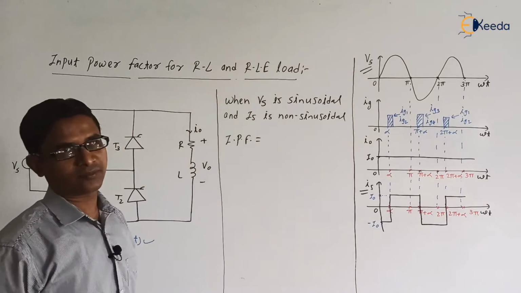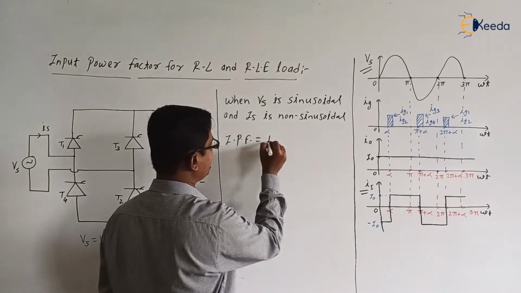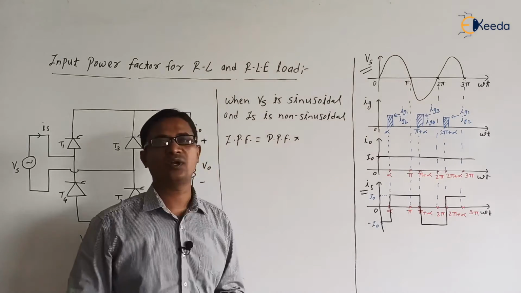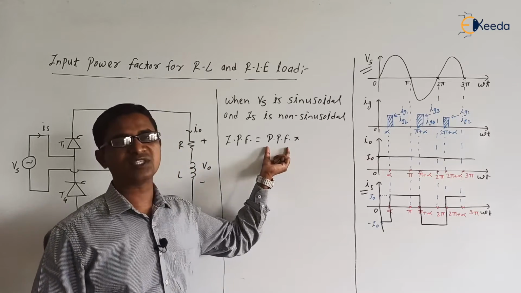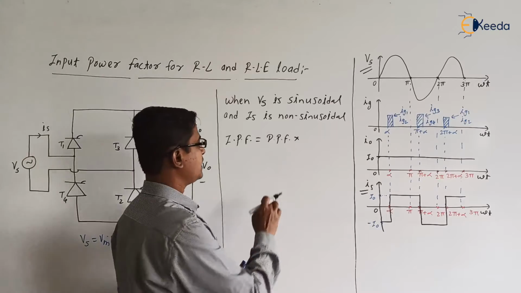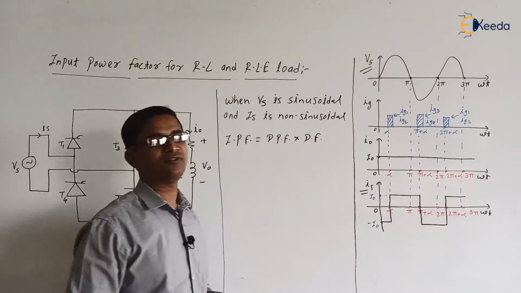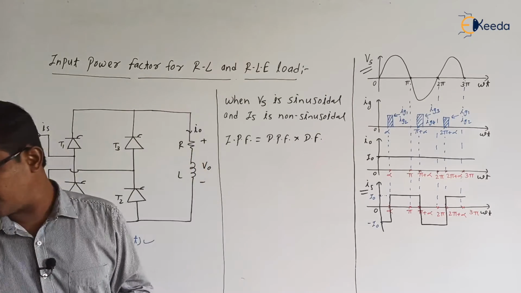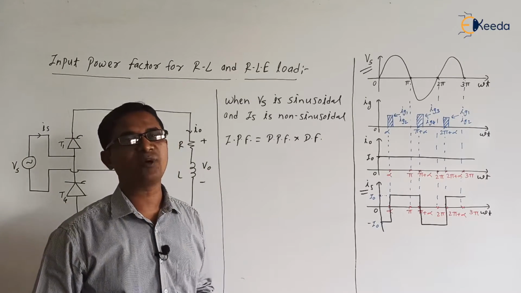Input power factor is equal to the product of displacement power factor, also known as the fundamental power factor, and distortion factor. Displacement power factor into distortion factor is nothing but the input power factor.